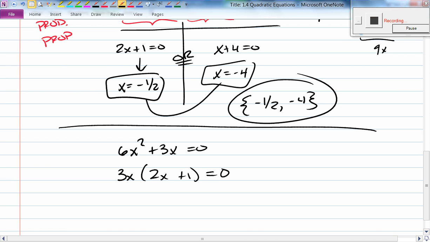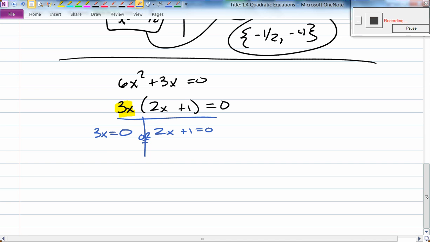So the greatest common factor of 6x squared and 3x is 3x. That's the greatest common factor. So this still equals 0, so I can apply the zero product property. So either 3x is 0 or 2x plus 1 is 0. So solving each of these individually, either x has to be 0 or x has to be negative.